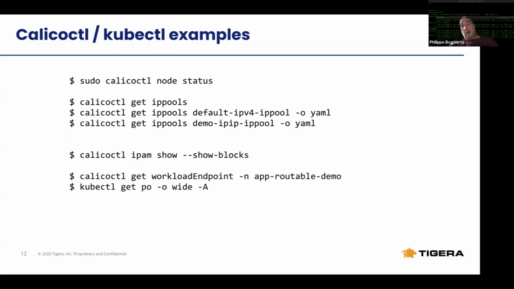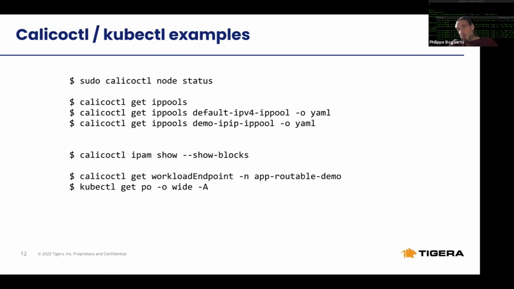Now, how do I typically go around and try to understand my environment? It's always a good idea to start from, let's say, point one, meaning that first of all, let's see whether we can actually see our nodes or not. I typically use calicoctl for it, or kubectl.